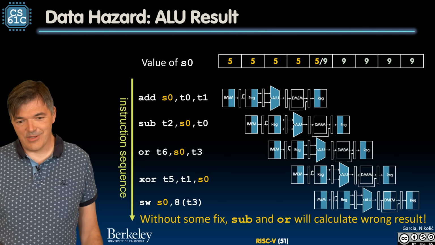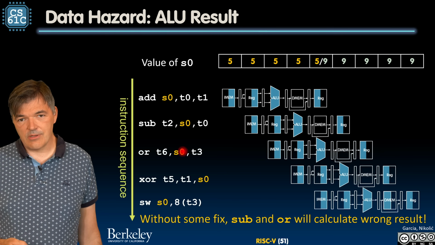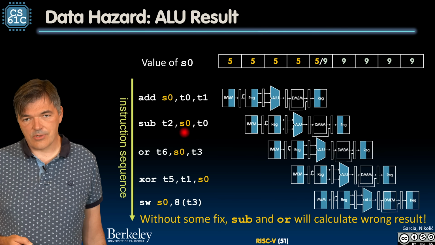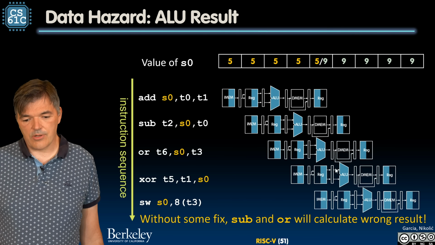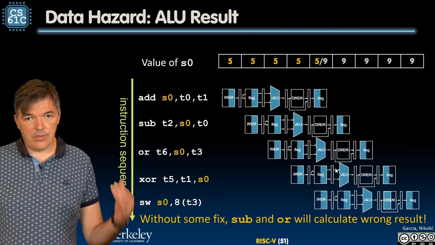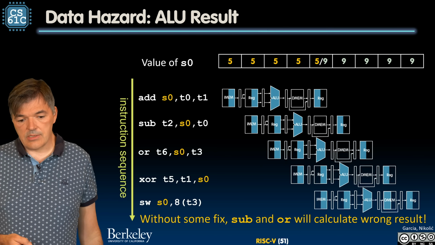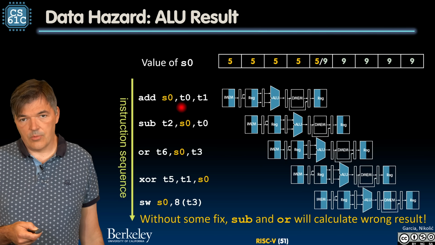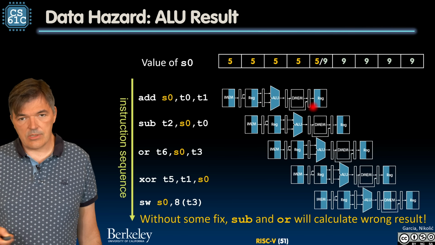I haven't really checked if it does anything useful, but every subsequent instruction would like to use that S0 as the source. So the sub uses it as a source, this OR uses it as a source, this XOR uses it as a source, and store word uses it as a source. So all these instructions depend on add S0 completing what it's doing and writing back the value into the register file.